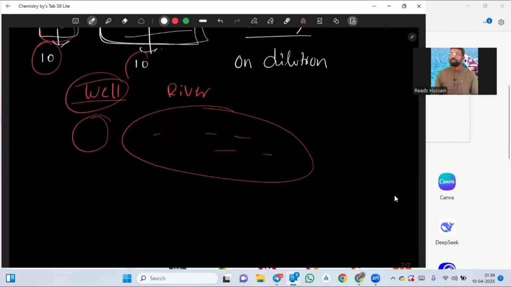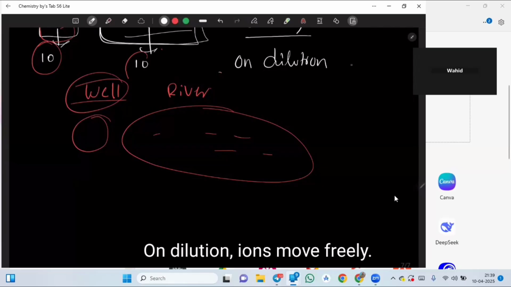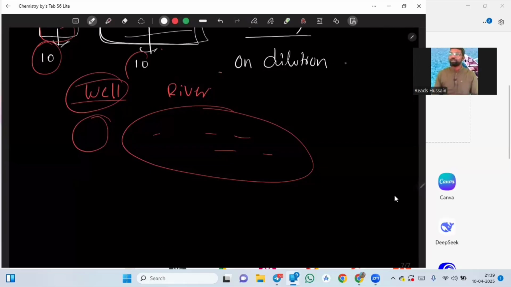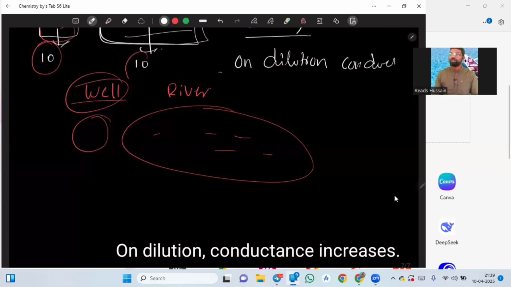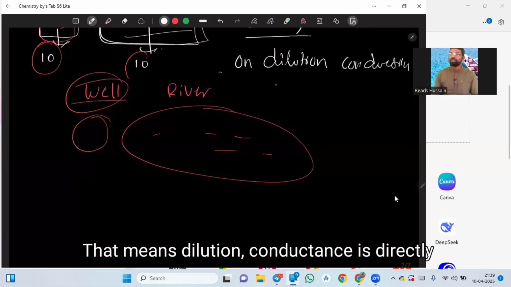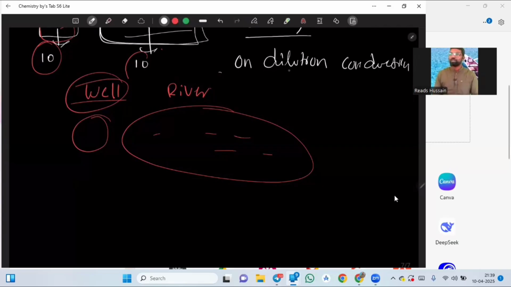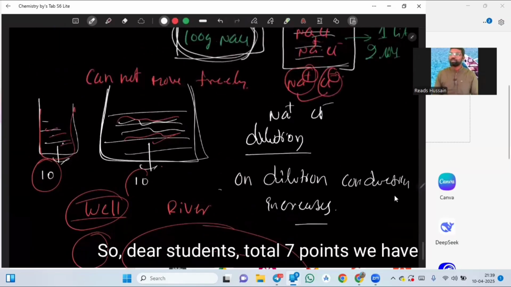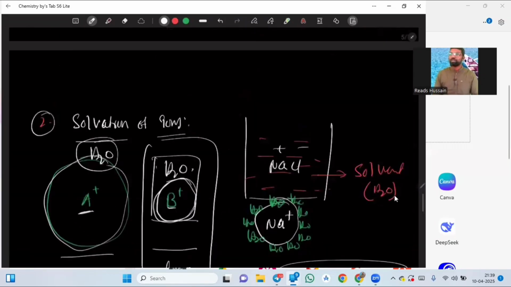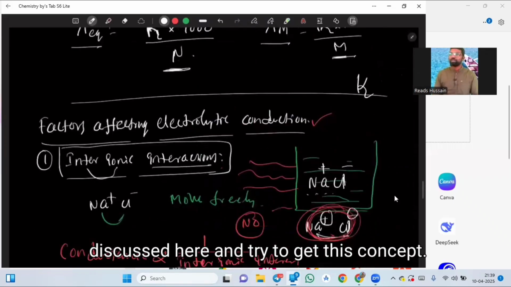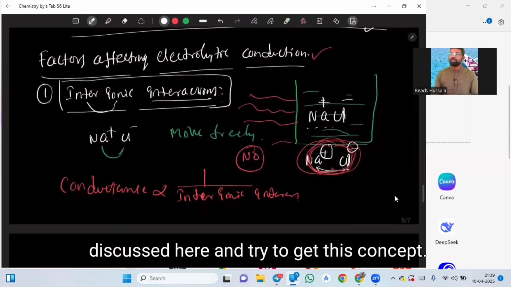On dilution, ions move freely, so conductance increases. Write down this. On dilution, conductance increases. That means conductance is directly proportional to dilution. So, dear students, total 7 points we have discussed here, and try to get this concept.